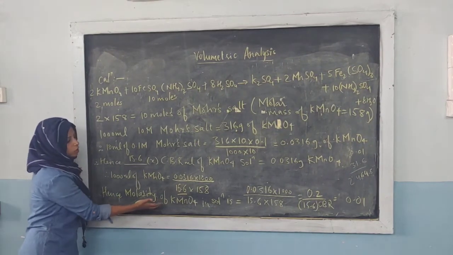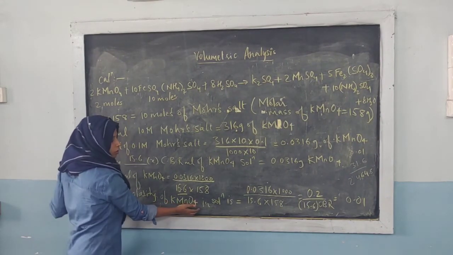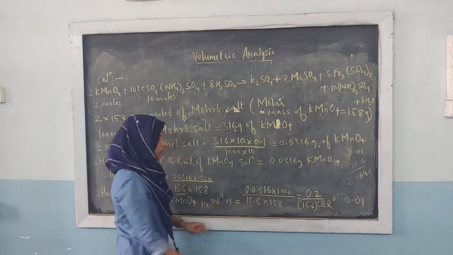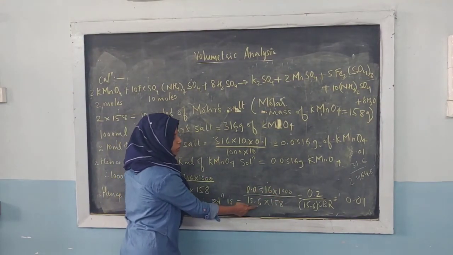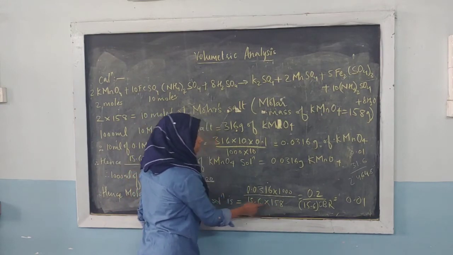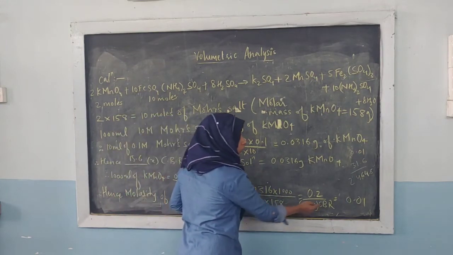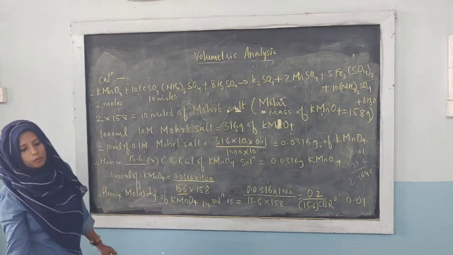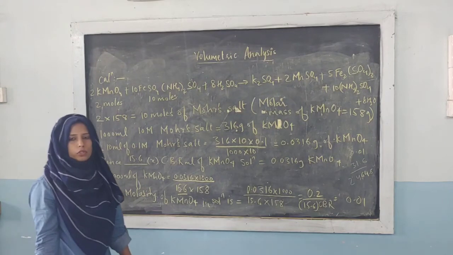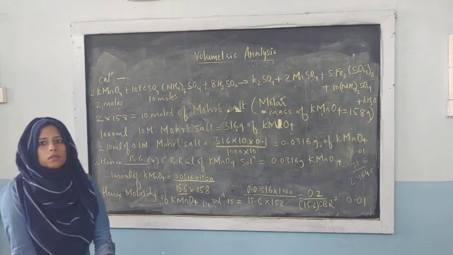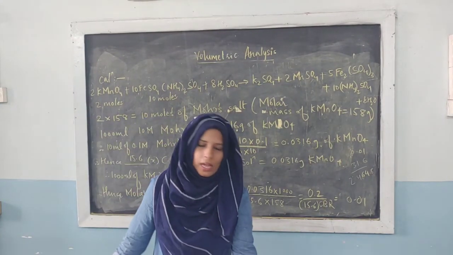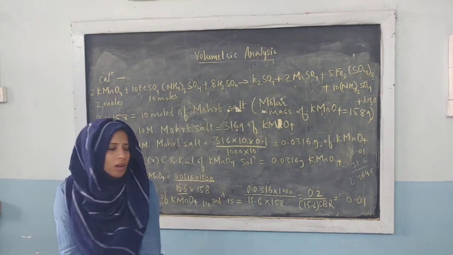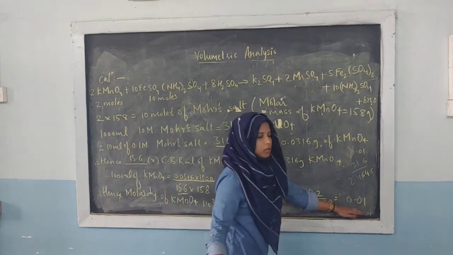The molarity of KMnO4 in solution will be 0.0316 multiplied by 1000 divided by 15.6 multiplied by 158. After calculation, you will get 0.01 molar of KMnO4 in the solution. So the molarity of KMnO4 solution is 0.01 molar, which we have got here after calculation.